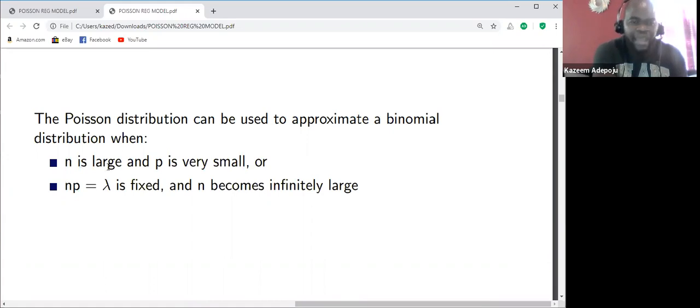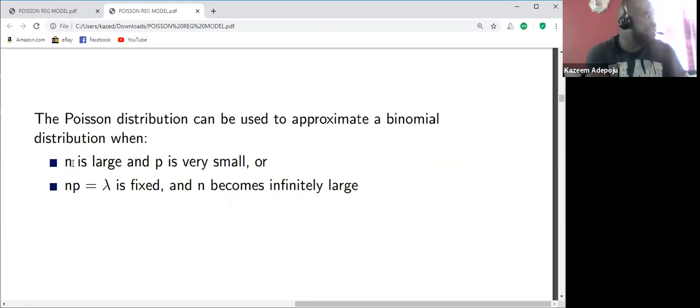Now let me tell you this. What do I mean by n is large? If I want to count the number of accidents in my street, there is a possibility that I may be there for 5 years and not see any accident. Before I can see an accident, it may take forever.